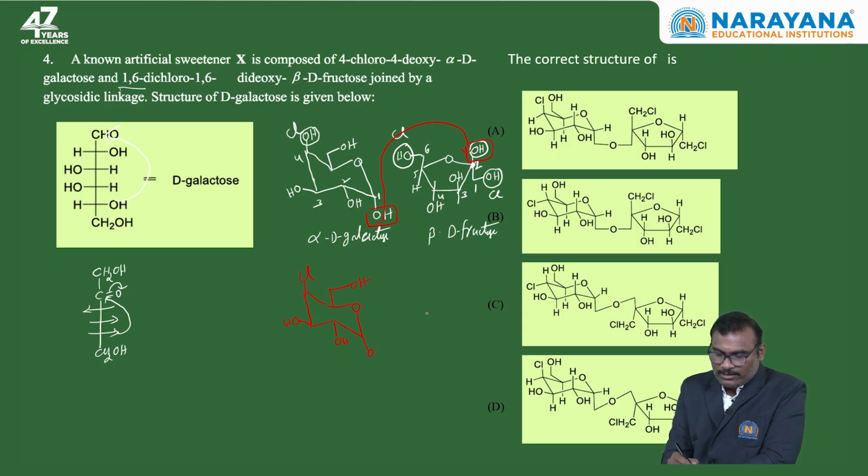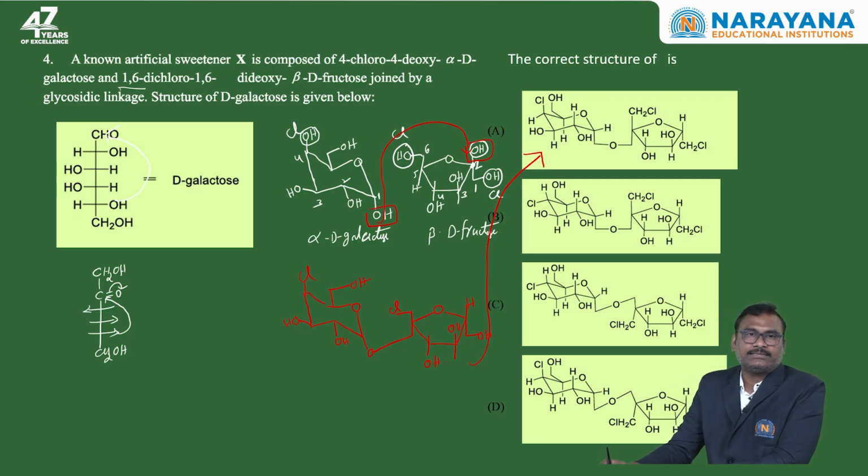I am writing beta D-fructose in the opposite way. When you write it in the opposite way, they become opposite, like this, CH2Cl is going to connect here. Now this OH is coming down and this OH is going up and this CH2OH is coming down, because we are making this linkage. Then according to this, the answer becomes option A. So the given structure A is the correct structure of artificial sweetener X.